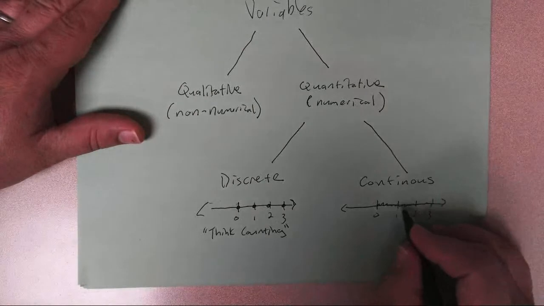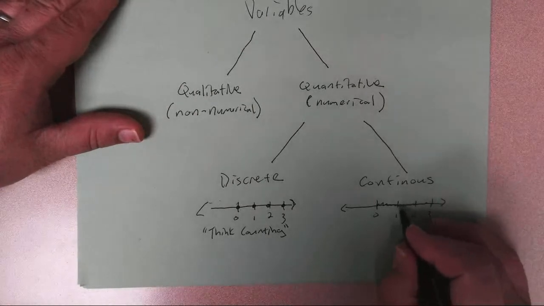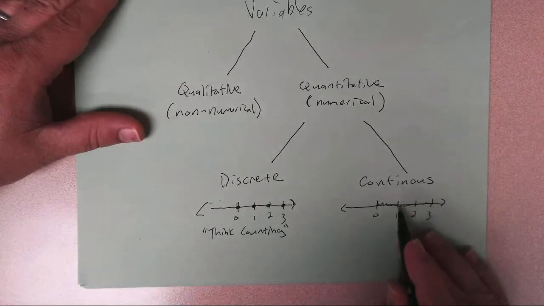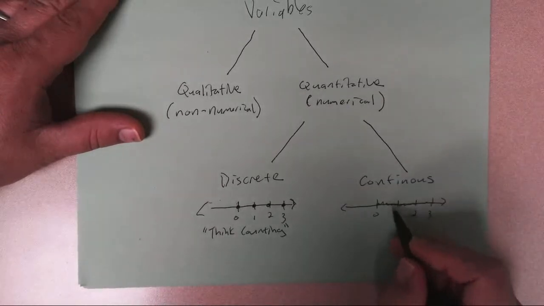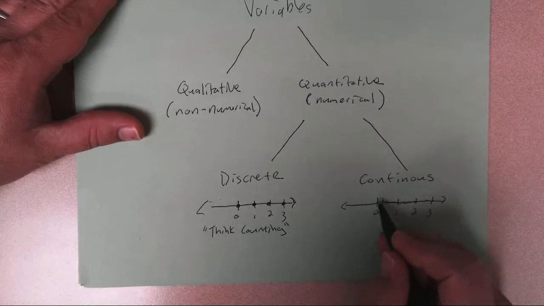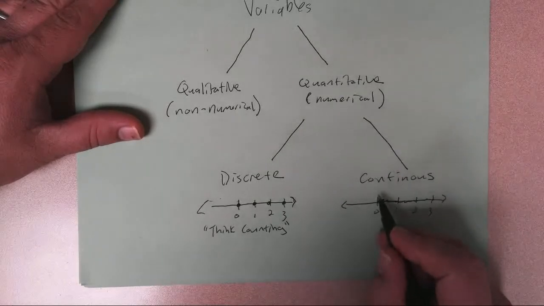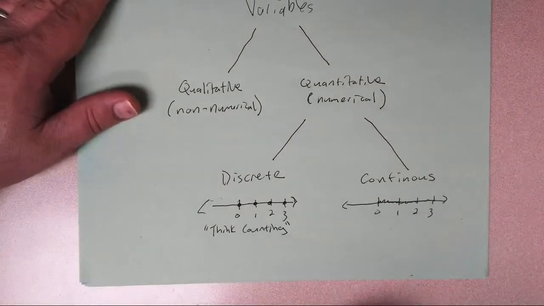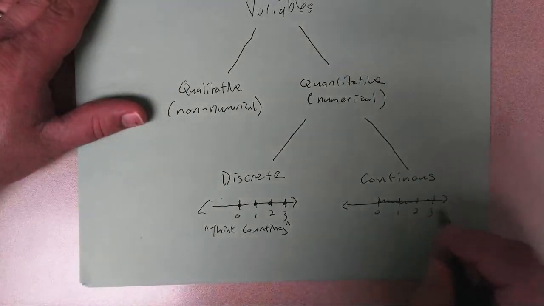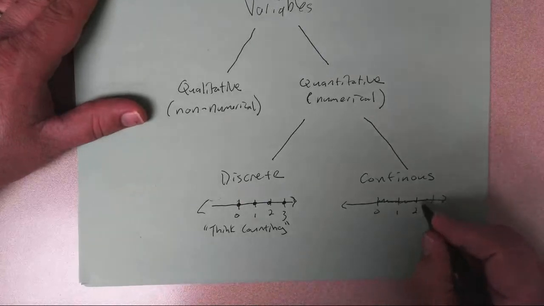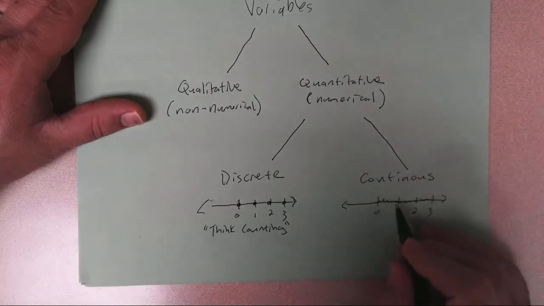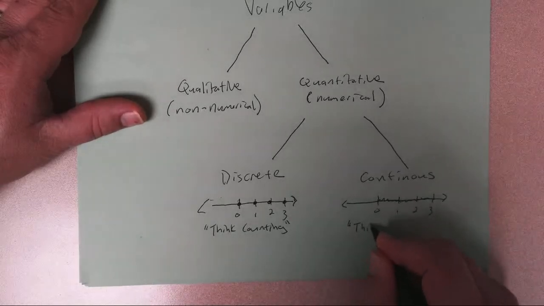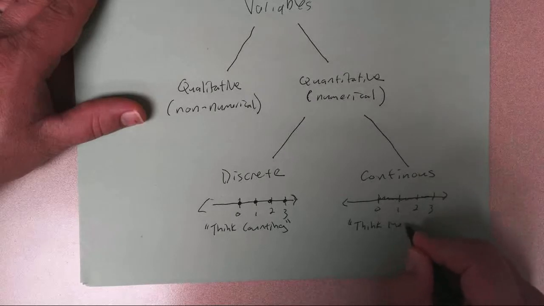Technically, there's an infinite number of places between any two numbers on the line, because I could have 1/2, 1/10, 1/100th, 1/1,000th, and so on. We don't really put a limit to how small we can get. And so a continuous variable is a number that could be any number on the number line. And what you should think here is think measuring.